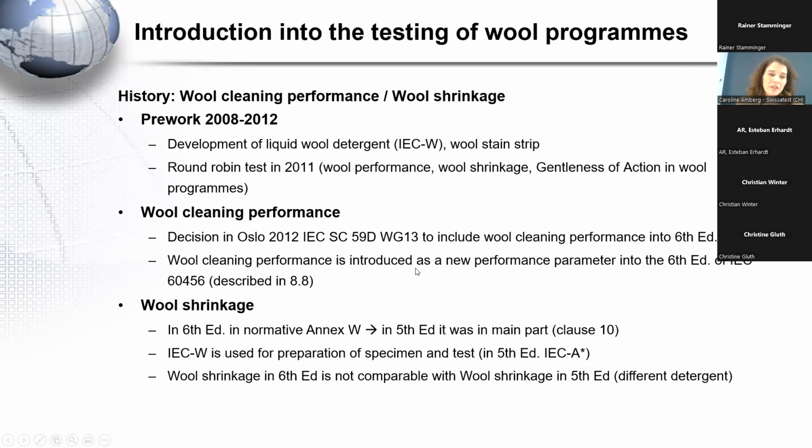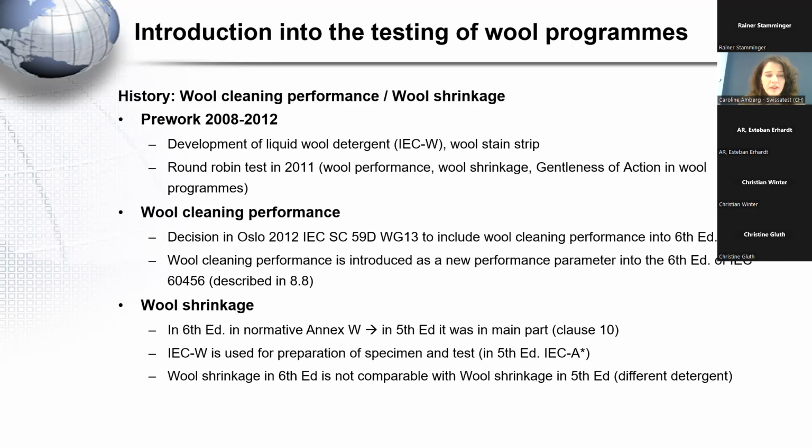And in the 6th edition, it is transferred to a normative Annex W. So this makes sense because wool shrinkage is from its measurement principle a bit different than the normal cleaning performance measurements. So I think it makes sense that it is in an annex and a bit separate from the other parts.